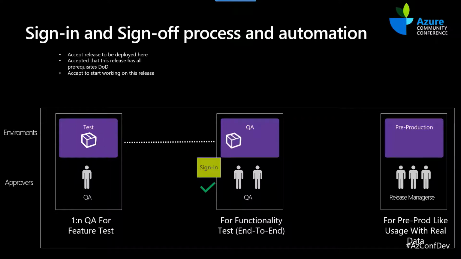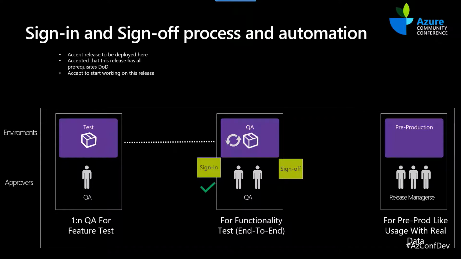Once this is done, it will deploy the bits or deploy the application in this environment. And of course, we start working on that. Again, this could be manual work, this could be automated, but this means that work is going to happen once the sign-in process is completed. After that, once you complete the work, then you need to sign off in order to move to the next environment.